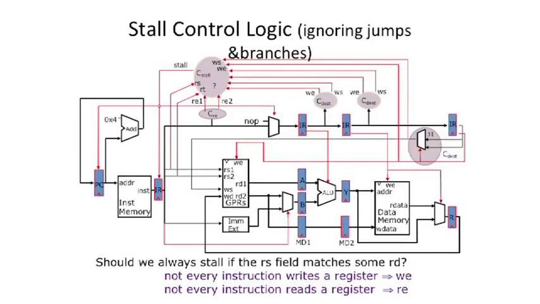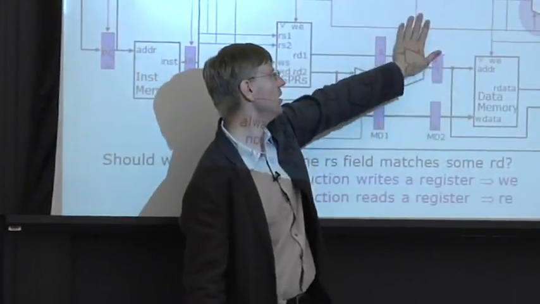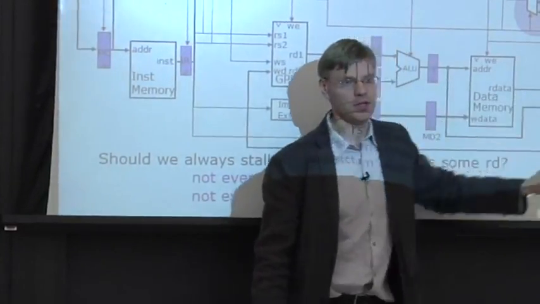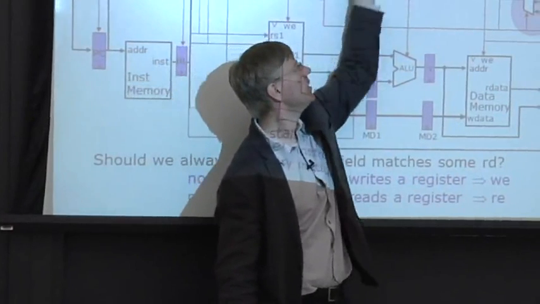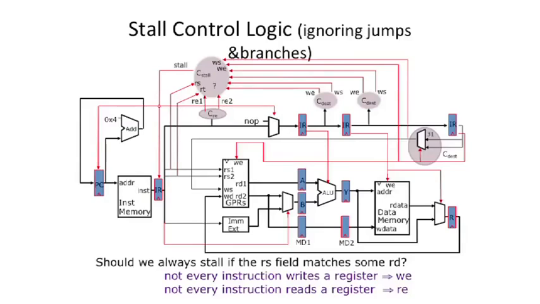OK, so to finish this out, we want to compare not just against the write back stage of the pipe, but against all three of these subsequent stages here, here, and here. So we add extra calculation logic, which computes the write enable and the register identifier based on the instruction register.